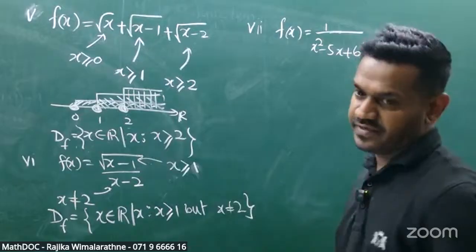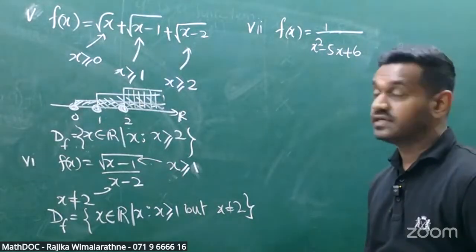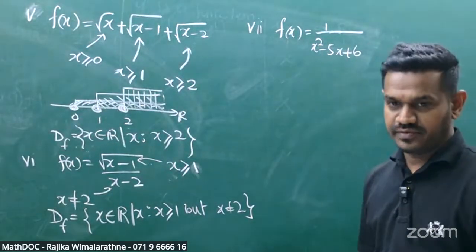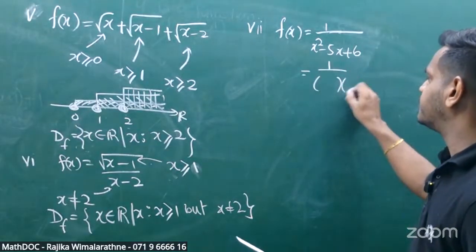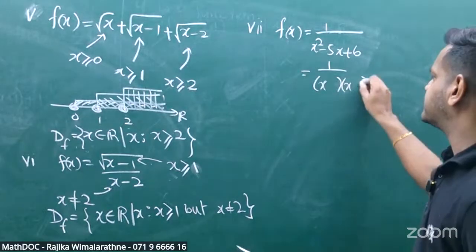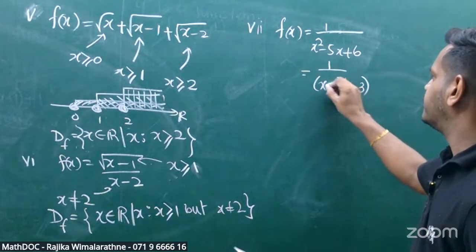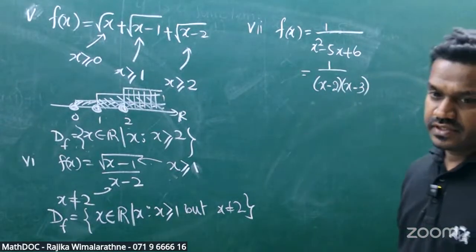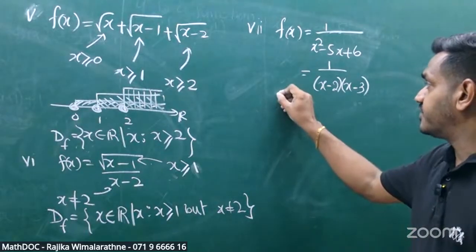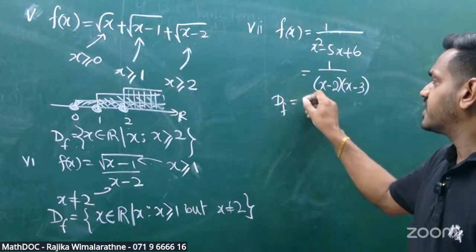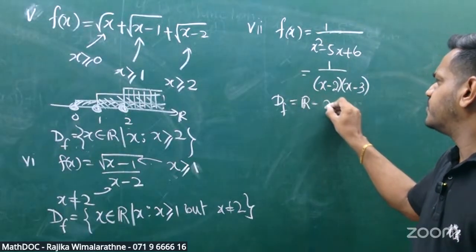If we have denominators, we have to do this very carefully. Here we have a denominator, no? Then you factorize the denominator. So we have two factors, x minus 3 and x minus 2. Likewise, we have the denominator factors. Then you remove those denominator zeros. Therefore, the domain is the real values, removing 2 and 3.